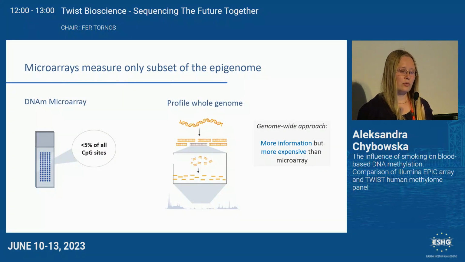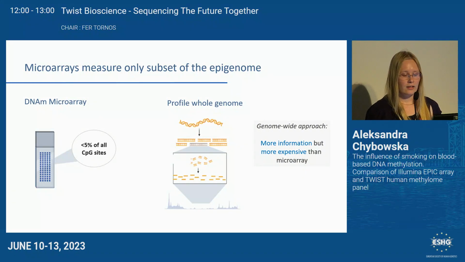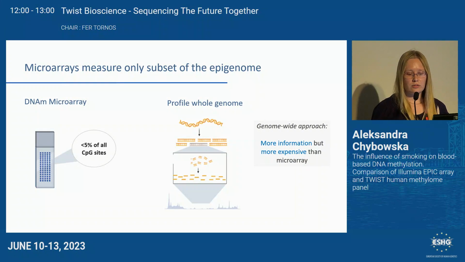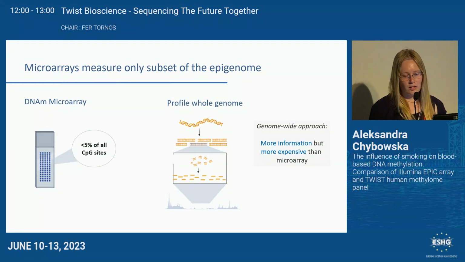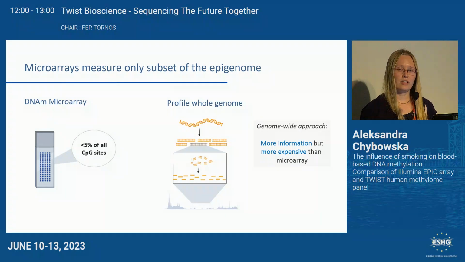So all these experiments were based on array data, and we know that arrays measure only a subset of the epigenome. For instance, the EPIC array currently measures less than 5% of the epigenome. To get a higher resolution of epigenetic data, we can profile the entire epigenome, but this is a costly experiment, certainly more expensive than using a microarray.